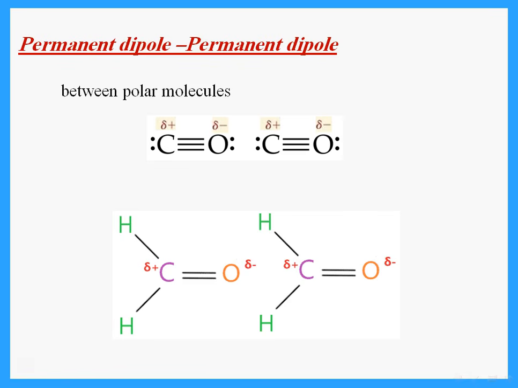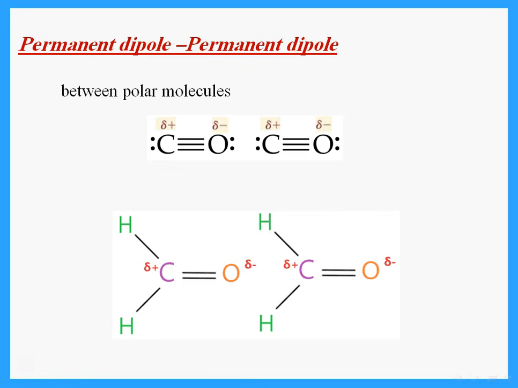When I bring one of these next to another one, the dipoles of one will be attracted to the dipoles of the other. So the slightly negative end of one will be attracted to the slightly positive end of the other. These interactions are stronger than what we originally mentioned. They are called permanent dipole interactions, and these are slightly stronger than the weak London dispersion forces.